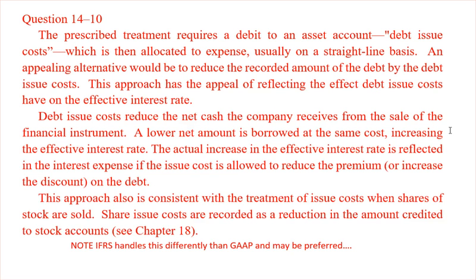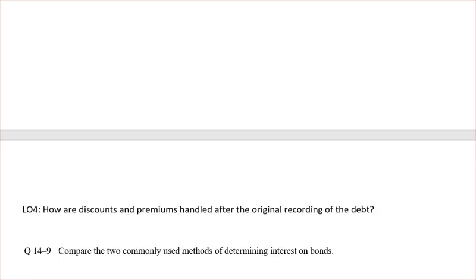Formerly, we treated it as the debit to an asset account, debt issue cost, as up here, and then allocated it on straight line. We do not get to do that anymore. Only if there's no material difference between that way and the new way can we do that. The new way has us adjusting our discount, increasing the discount, or reducing our premium and taking the difference through as an adjustment as we would when we do the effective interest method.